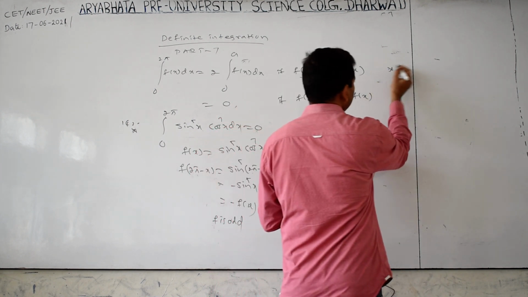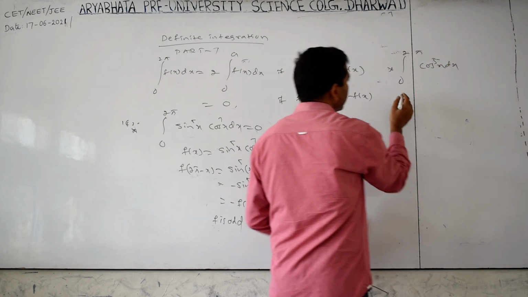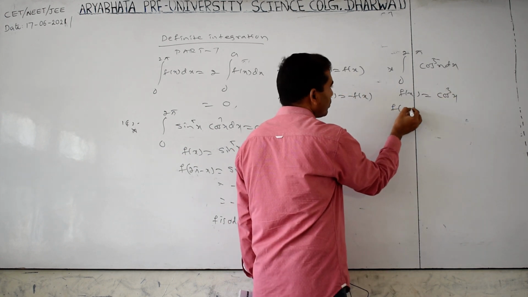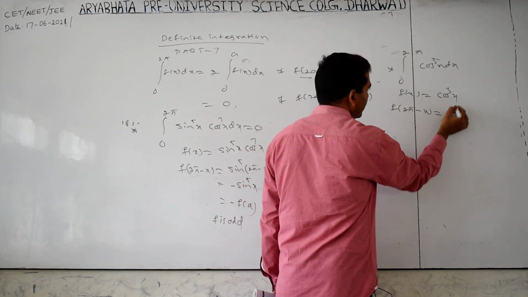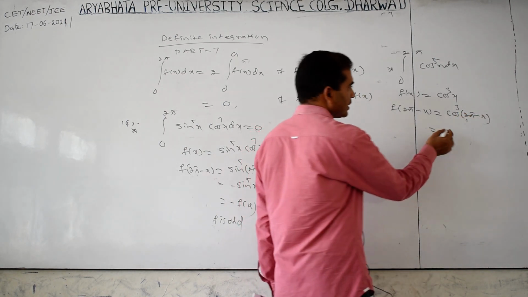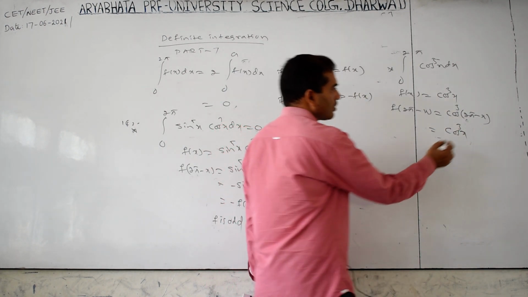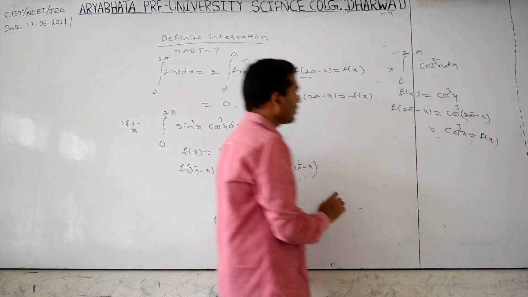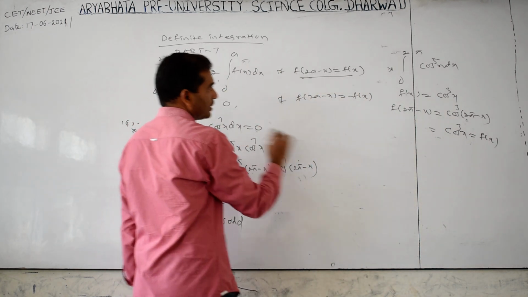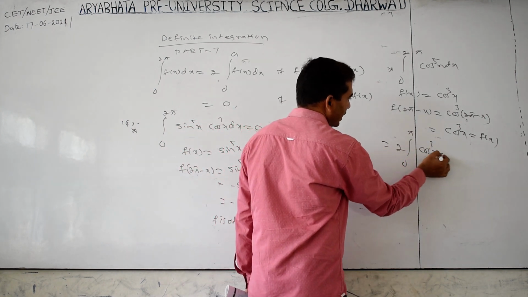Next, integration of 0 to 2 pi cos cube x dx. This is f of x equal to cos cube x, f of 2 pi minus x equals cos cube of 2 pi minus x. Cos of 2 pi minus x is cos x, so cos cube x. In the fourth quadrant, cos is positive, which means it is equal to f of x. When f of 2a minus x equals f of x, then this is applicable: 2 into integration 0 to pi of cos cube x dx.